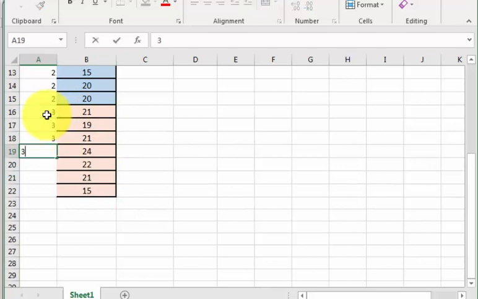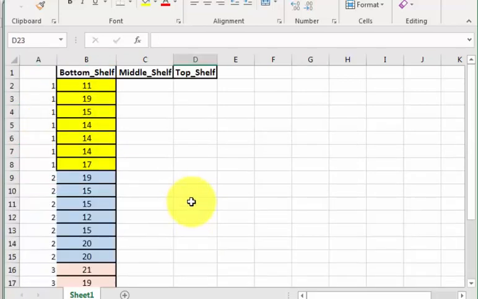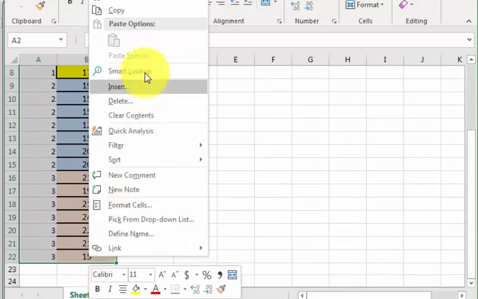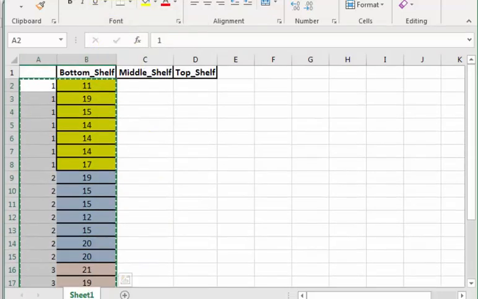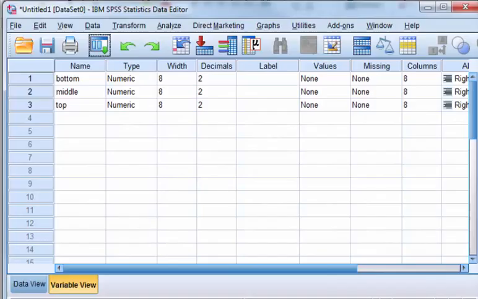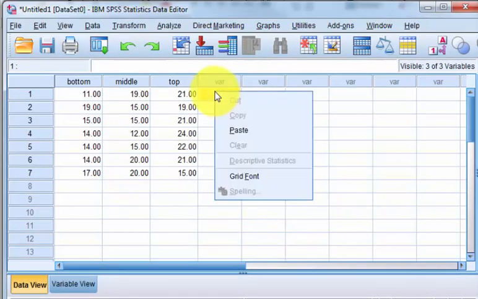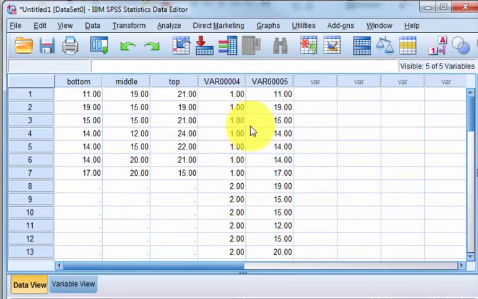And it is ready to be cut and pasted into SPSS. So I'm just going to go ahead and get the numbers. Copy. Jump over here. Make sure I'm in data view. I'm going to right click the top open slot up there. And I got my things.